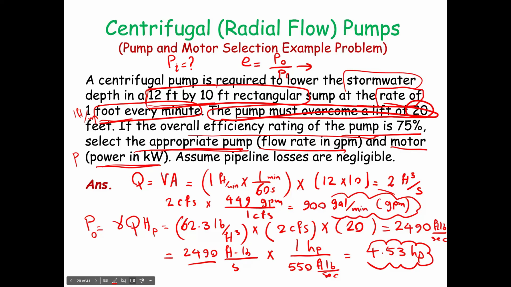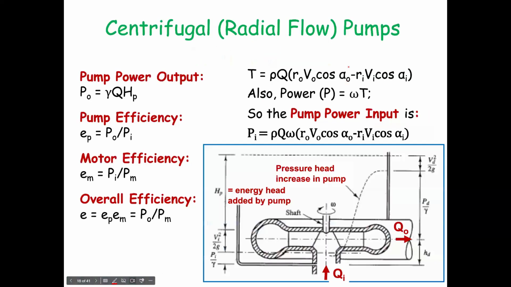I have efficiency, I have PO, so, sorry, PI over PO. Input, output. You can use both, but change that one. So P of I, or I would say P of motor. Efficiency, P of I, P of motor.